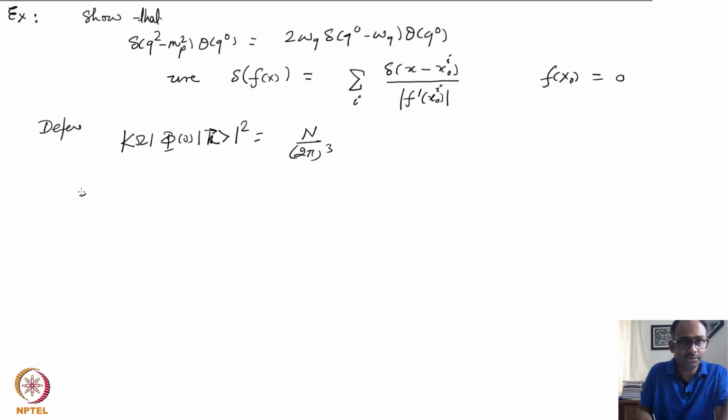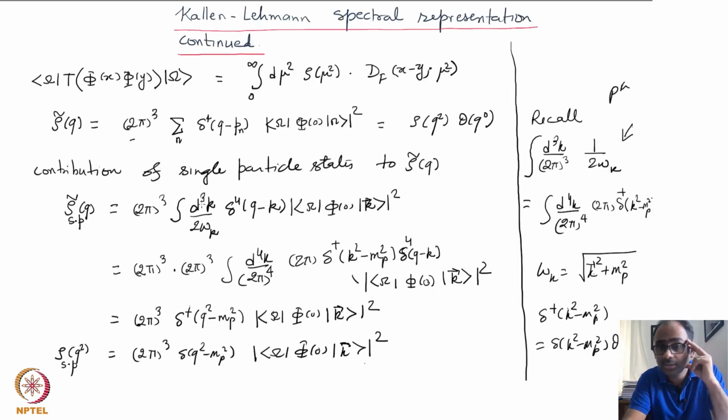So what do you get? You get rho coming from single particle states is n times delta of q square minus mp square. That's what you get right here. So here 2 pi gets cancelled and you have only the delta function times n.